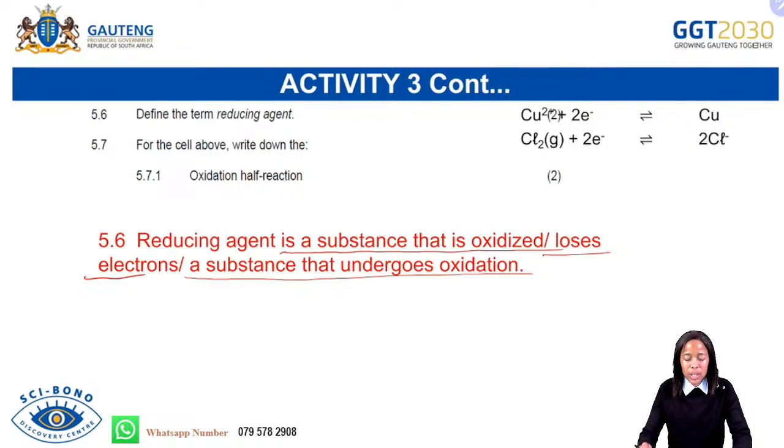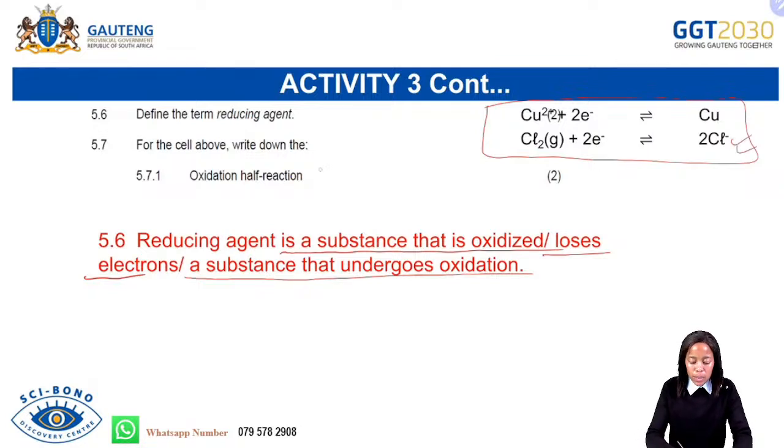Then it says for the cell above, we need to write down the oxidation half reaction. So again, you are going to look at your table 4b. If you look at table 4b, remember we said that the Cl minus is migrating to the anode.